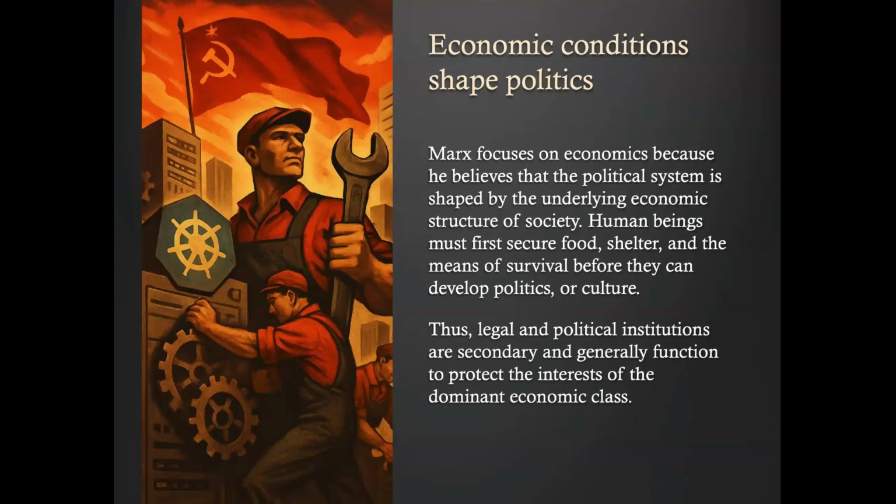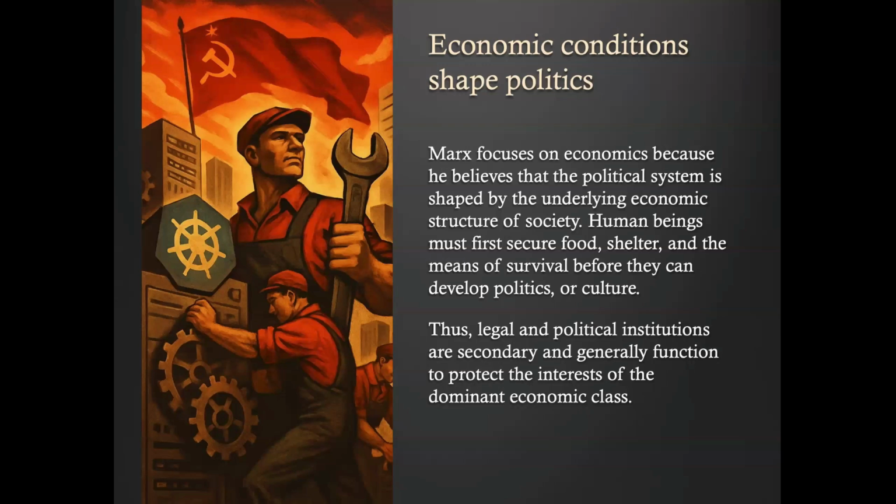Remember, Aristotle defined human beings as political animals. I think Marx would define humans as economic animals. We are primarily concerned with using our labor to support our own survival. And that's primary. And so that's a big part of what it means to be human.